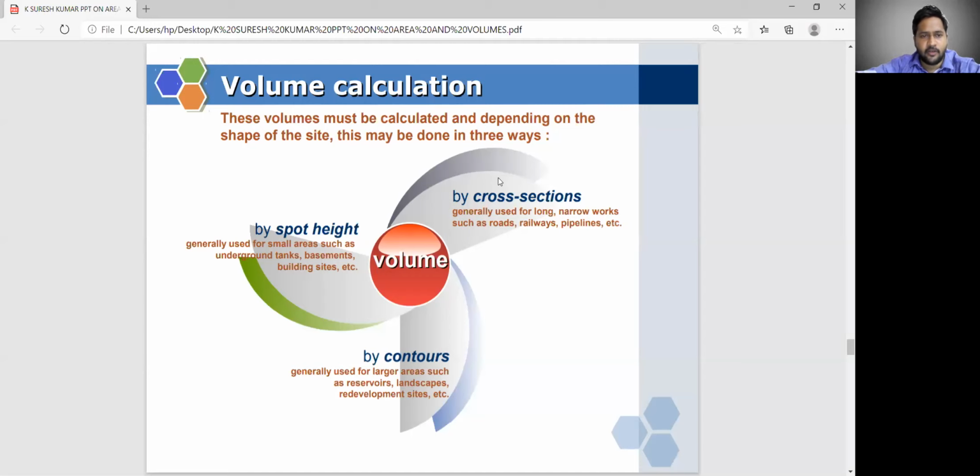In today's lecture, volume calculations. These volumes must be calculated, and depending upon the shape of the site, there are three ways.